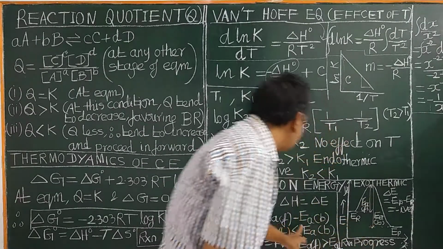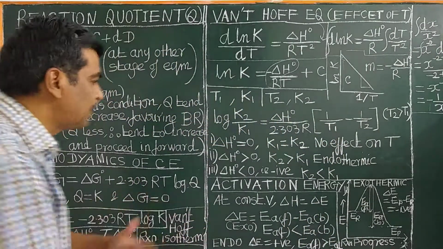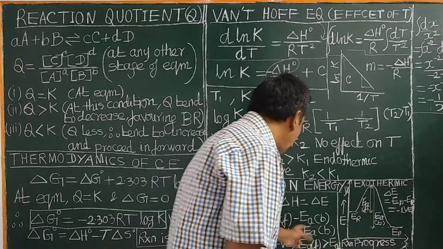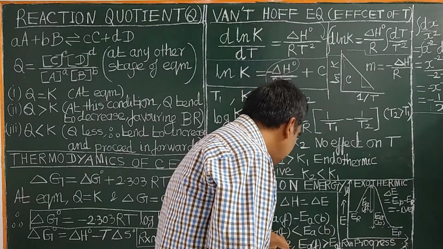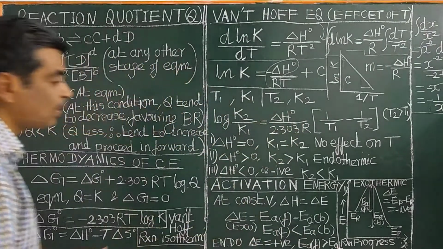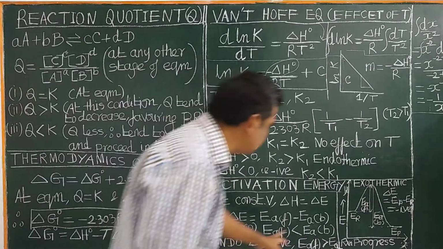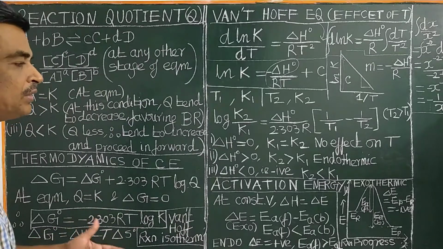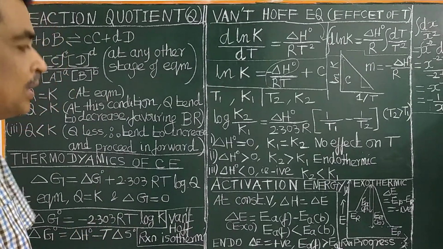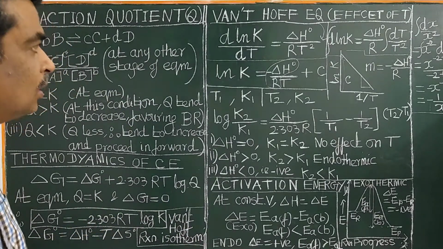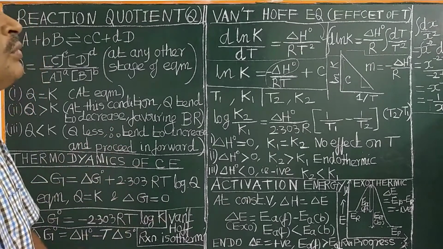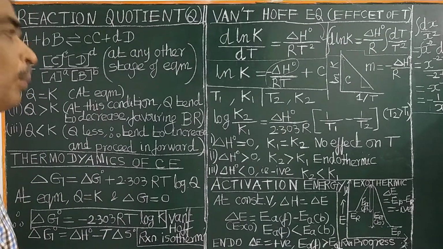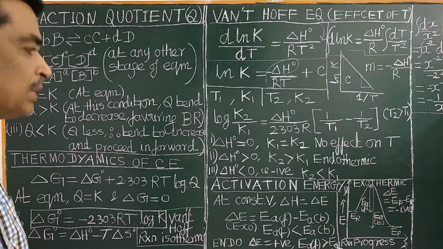For an endothermic process, it will be the opposite, that is, the activation energy for the forward reaction is greater than that of the reverse reaction. We have already studied the Arrhenius equation in chemical kinetics. Please watch that lesson. These are very important for solving many of the competitive exam problems and also semester exam problems.